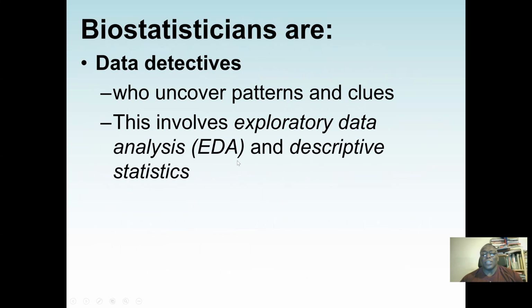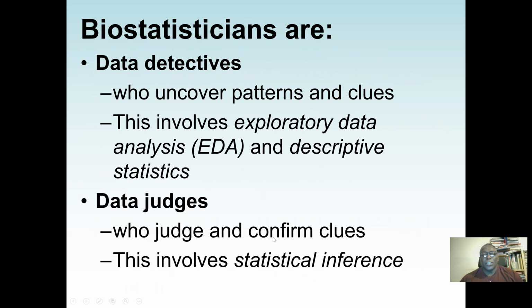They are data detectives because they can uncover patterns and clues in a data set. This involves exploratory data analysis and also descriptive statistics. They are also data judges who judge and confirm clues, and this involves statistical inference.